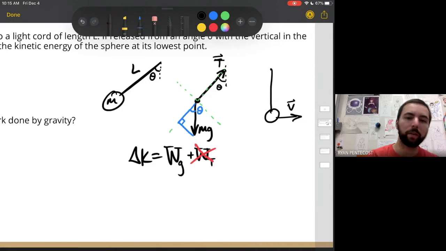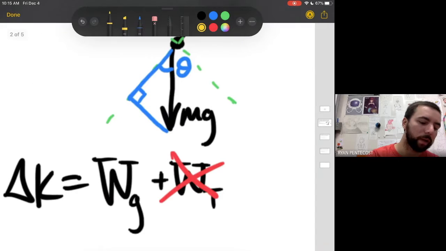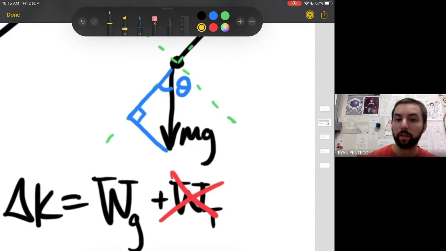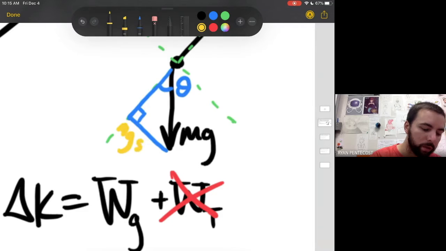Now, if we want to find the work done by gravity, we need to look to see what component of gravity we are looking at. Well, here, if we're using the same theta, this would be mg sine theta.